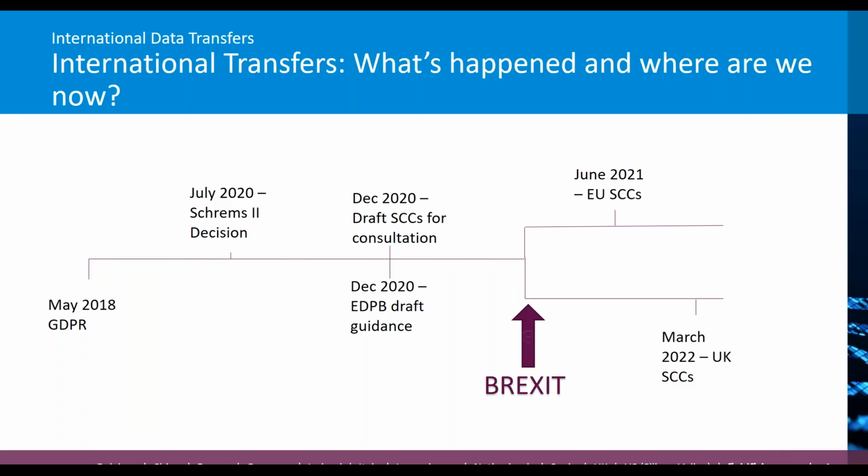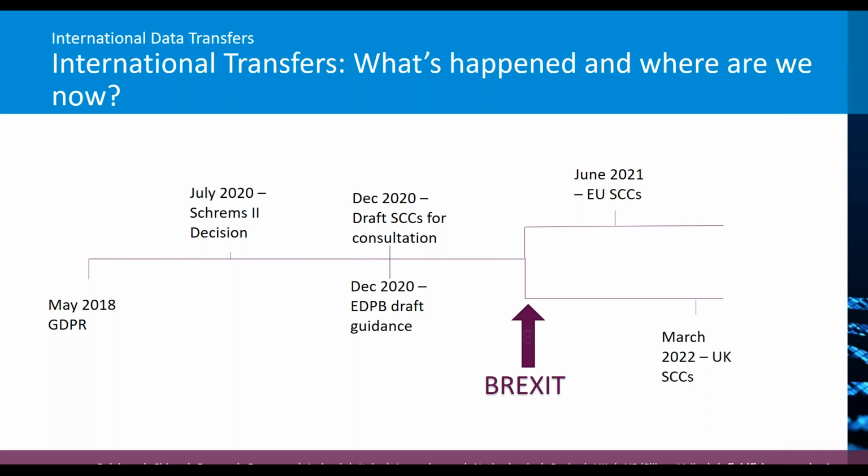So with no further ado to the substance, then, just a recap of what's happened and where we are at. It's 4 years now since GDPR came into force, and can you believe it's 18, 19 months since the actual Schrems II decision, and people are still trying to figure out what it all means, and will Europe become a data island? At the end of 2020, we had the draft EU SCCs for consultation, the draft EDPB recommendations on dealing with Schrems out for consultation, followed by Brexit.